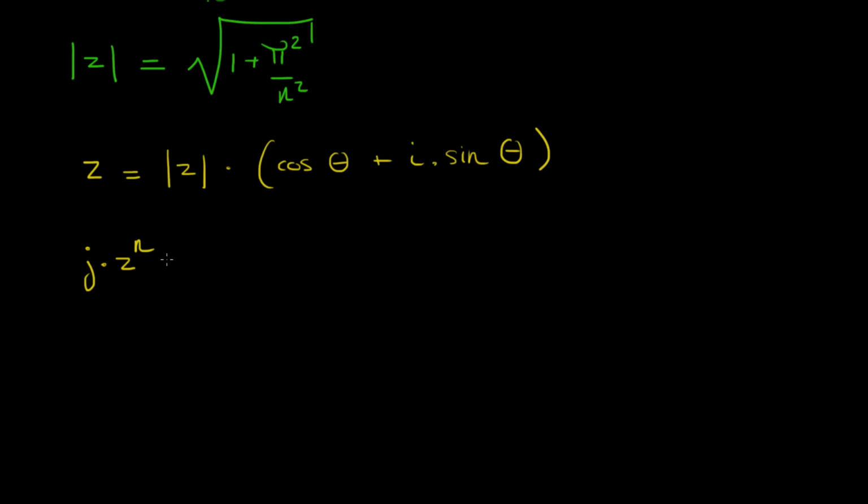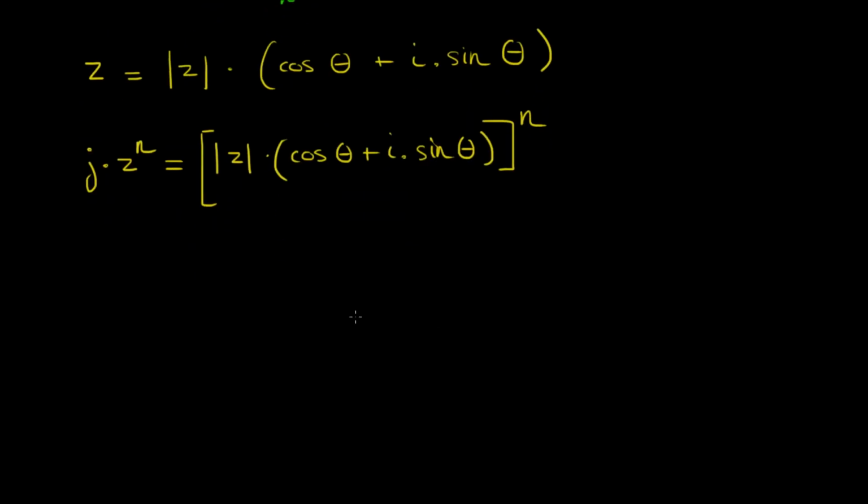So remember that j is equal to 1. This is the starting position of our particle. So this would be equal to the modulus of z times cosine of theta plus i times sine of theta, taken to the power of n.